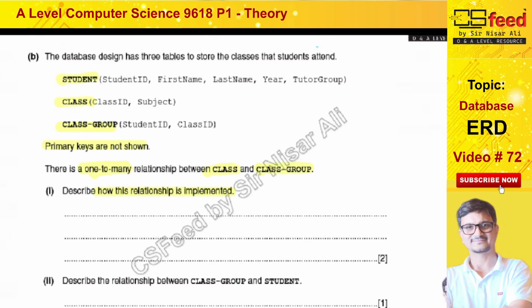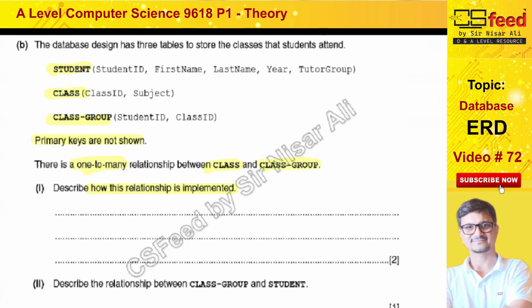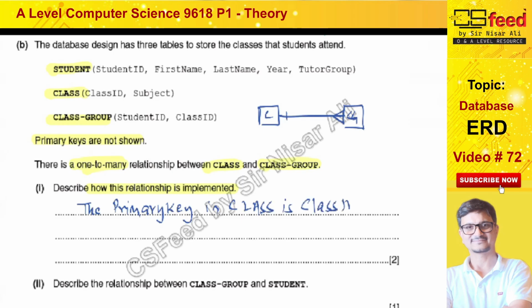So basically, how means you need to tell the reasons. Here they're saying that the relationship between class and class group is one-to-many. Why is this? How is this relationship implemented? So we can say that the primary key in class is class ID.